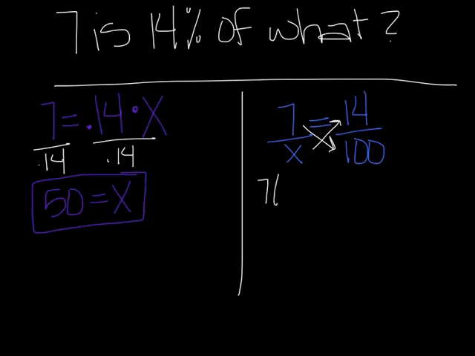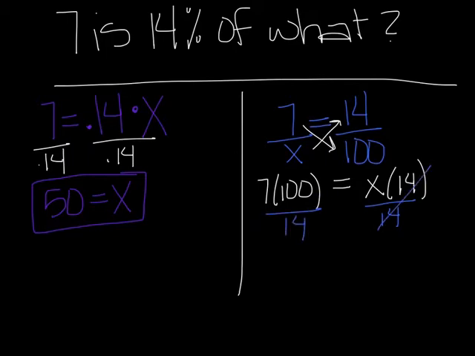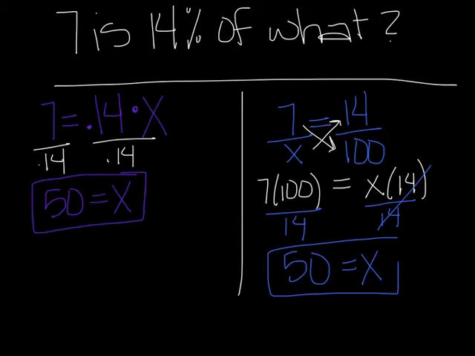We have 7 times 100 equals x times 14. We can divide both sides by 14. And we have 700 divided by 14 is 50. So again, 7 is 14% of 50.